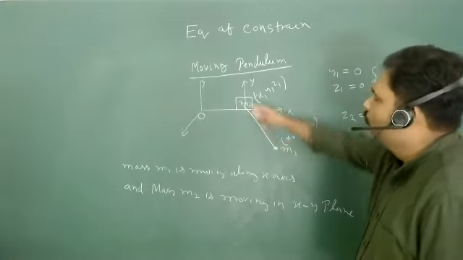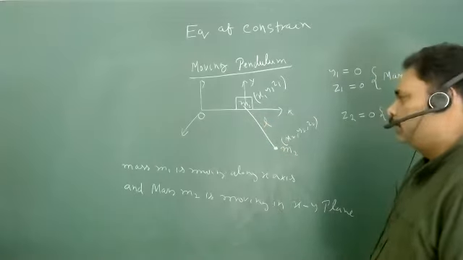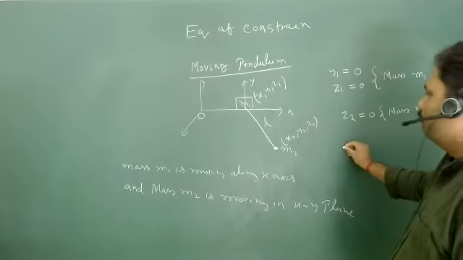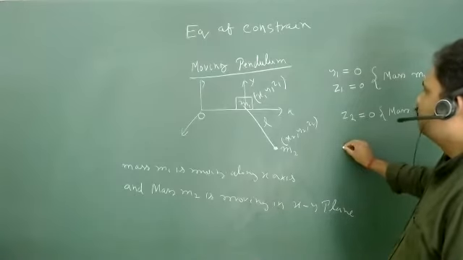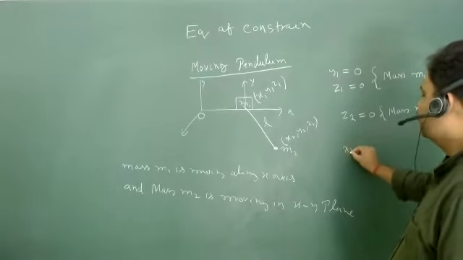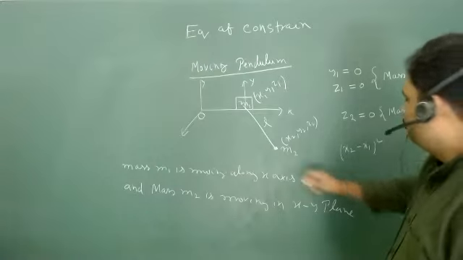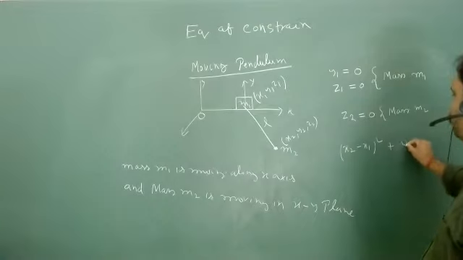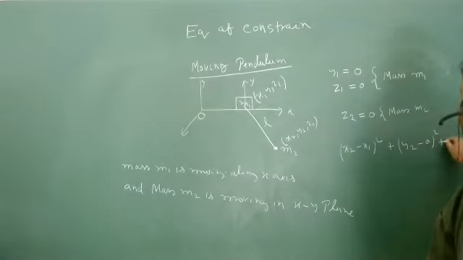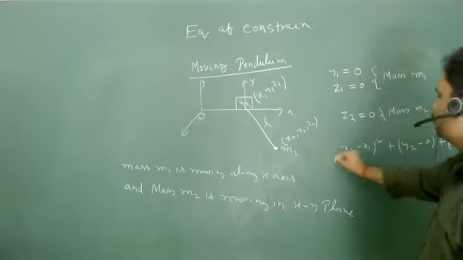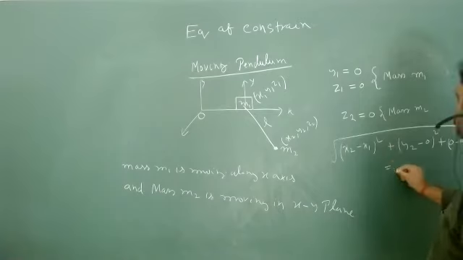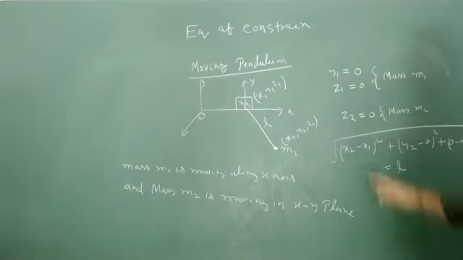We have to use basically the distance formula. What will be my distance formula? The distance formula is x2 minus x1 whole square plus y2 minus 0 whole square, plus 0 minus 0, and this must be equal to length L.